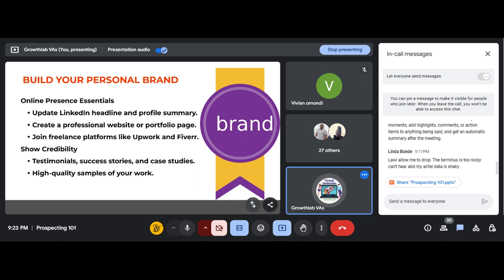Then you also boost your brand by having your profile on Upwork and on Fiverr and on other platforms. So these will help market you even when you are not actively marketing. So when building your brand, it's also important to show credibility and build trust.